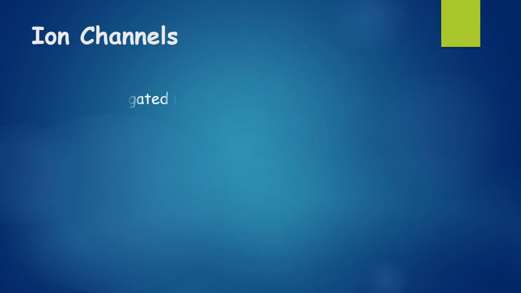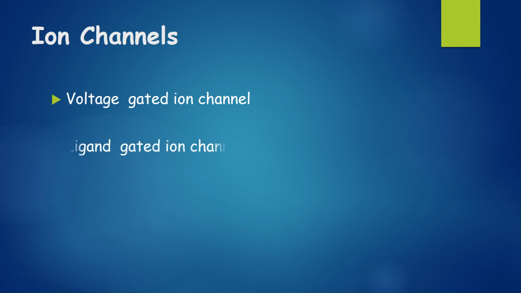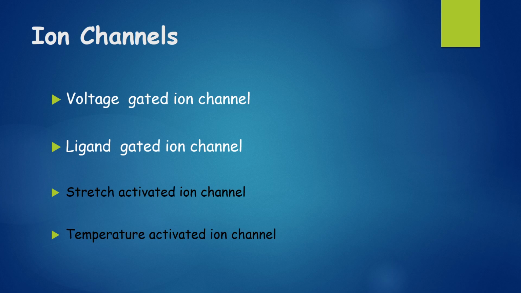Ion channel receptors: even in ion channels there are different types of ion channels. The majority are voltage gated ion channel, ligand gated ion channel, and the less important ones, stretch activated ion channel and temperature activated ion channel.